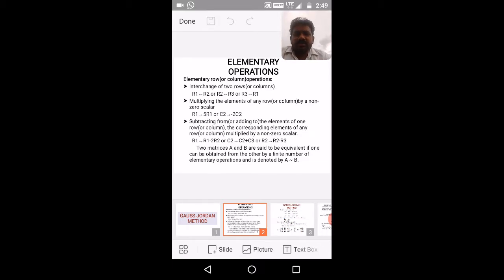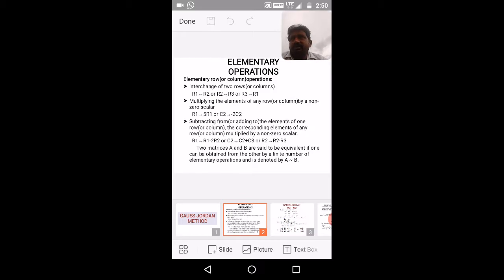One is interchange of rows, another is multiplying a row with a fixed number, and another is addition or subtraction of two rows, by taking some multiple of one row.